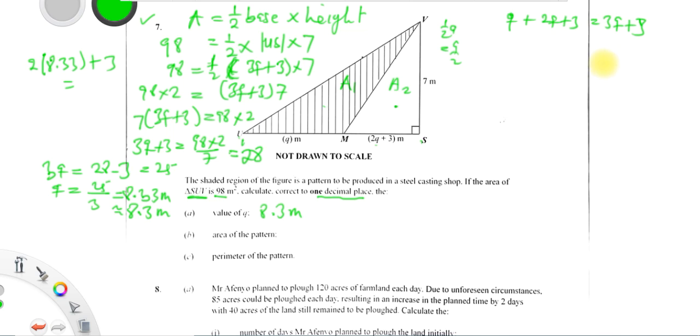You get 19.66. So this one will give us 19.66, which is approximately 19.7 meters.